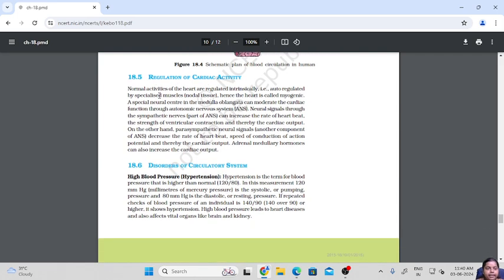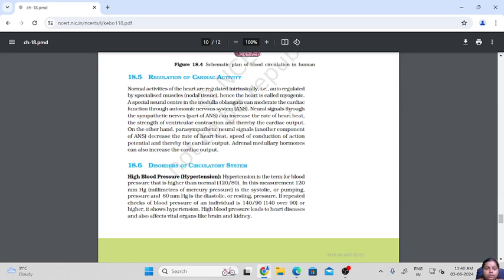Regulation of the cardiac activity. Normally the activities of the heart are auto-regulated by specialized muscles. Hence the heart is called myogenic. A special neural center in the medulla oblongata, a part of the brain, can moderate the cardiac function through the autonomic nervous system.